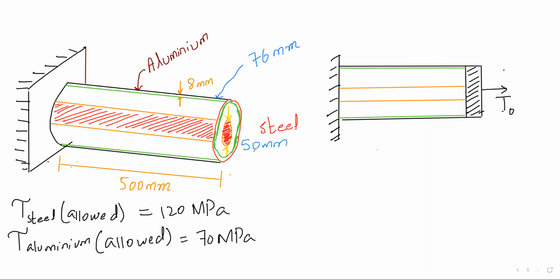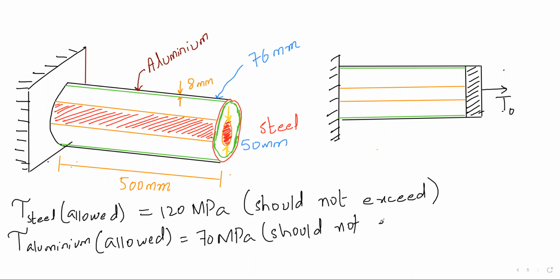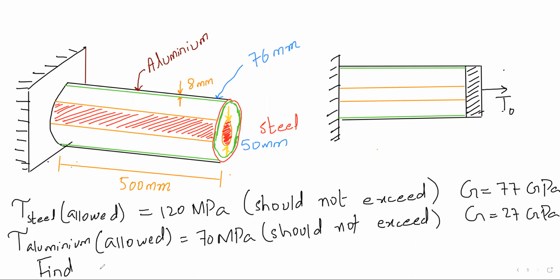That means it should not exceed. The value of G is 77 gigapascals for steel, and for aluminum it is 27 gigapascals. Find the maximum T naught.